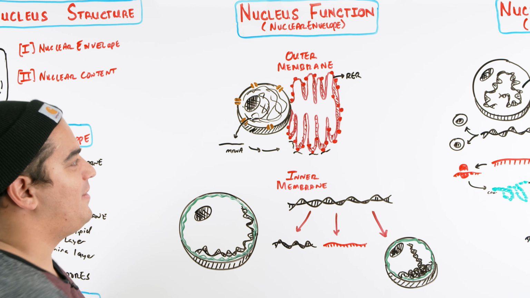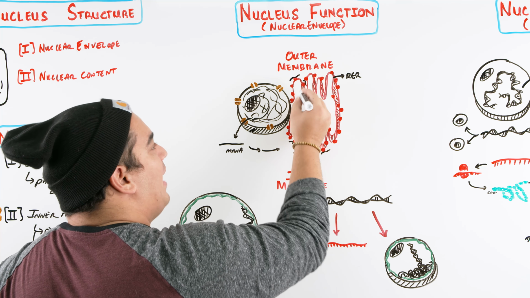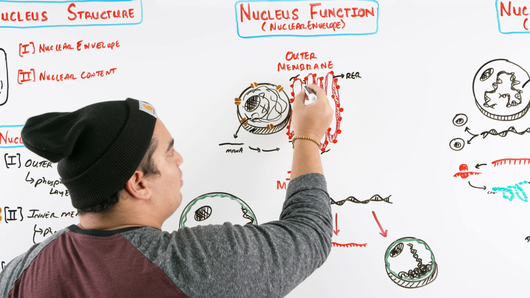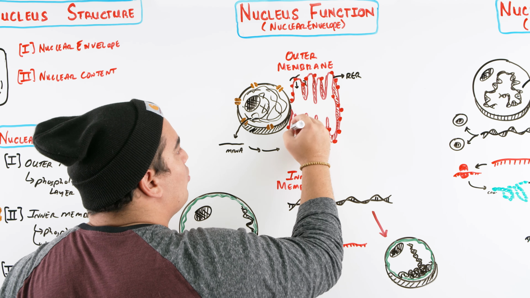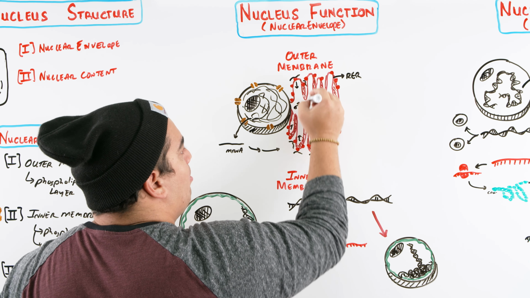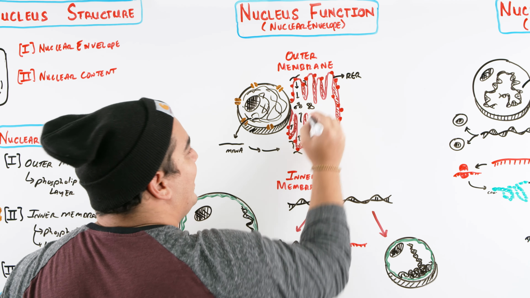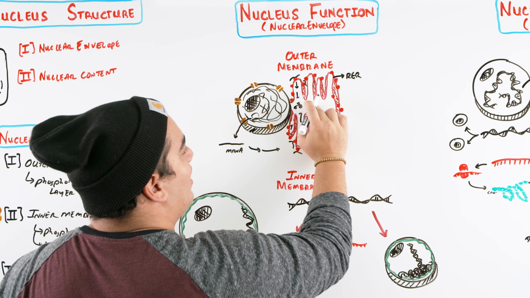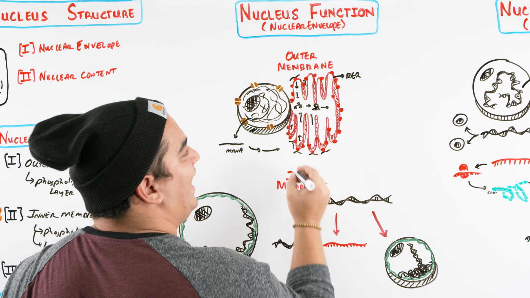When the mRNA gets read by the ribosomes, a protein is pushed into the rough endoplasmic reticulum. Isn't that cool? While it's in the rough endoplasmic reticulum, it undergoes some specific modifications.